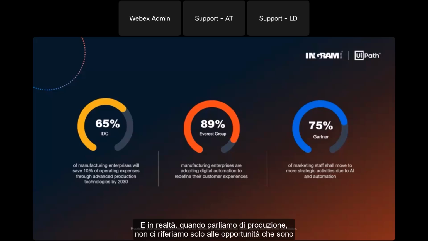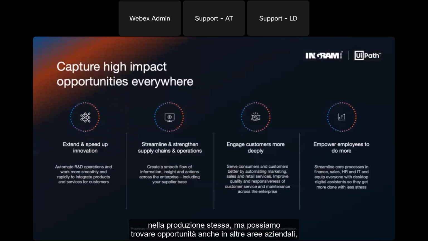And when we discuss manufacturing, we're not only referring to the opportunities that are in the production itself, but we can also find opportunities in other areas in the business, right? In other lines of business for different user groups inside the organization.